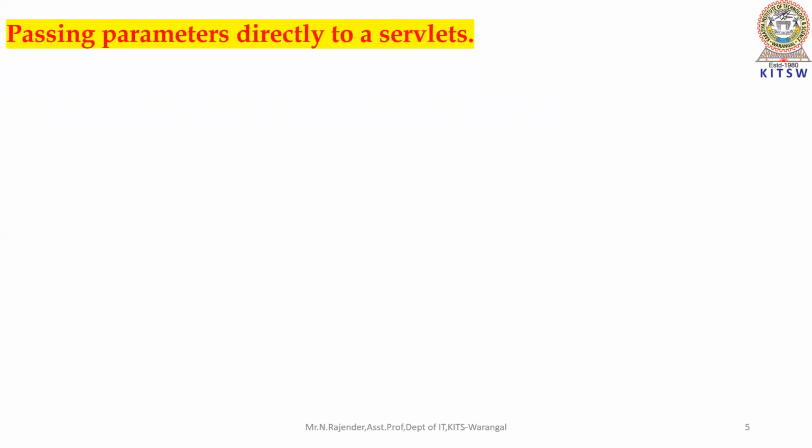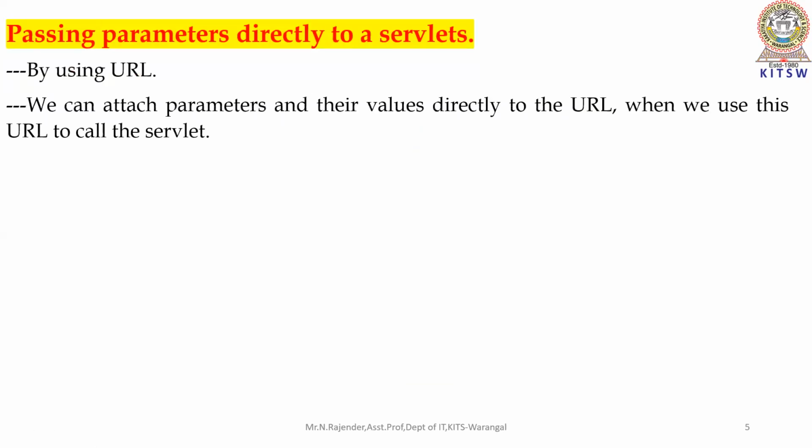Passing parameters directly to a servlet by using a URL. How can we do that? We can attach parameters and their values directly to the URL when we use this URL to call the servlet.